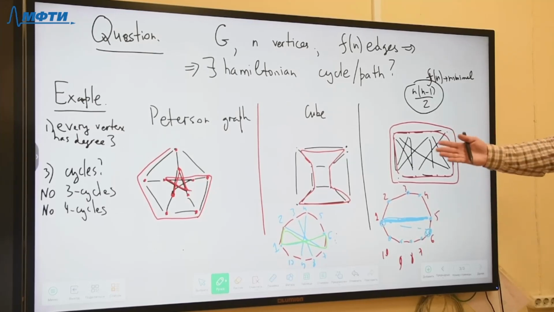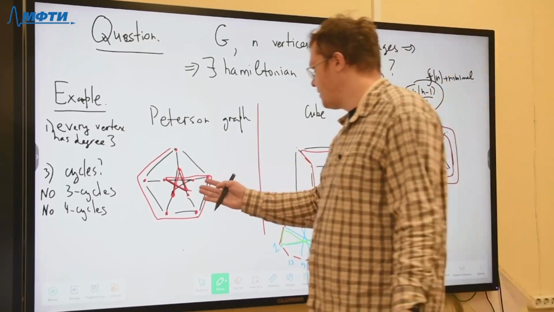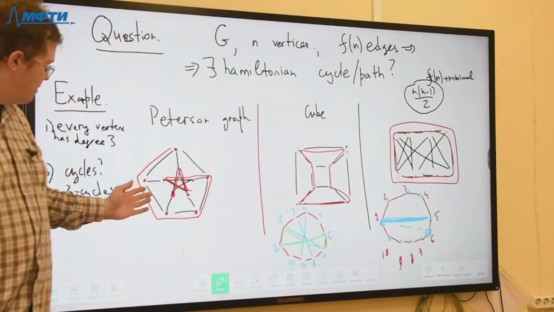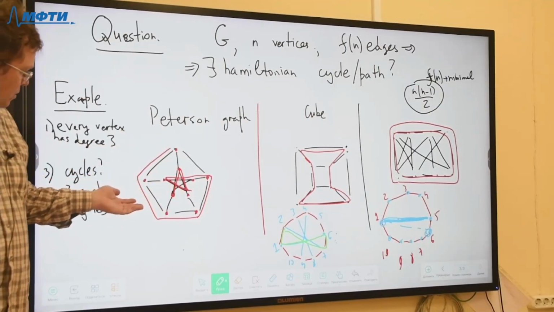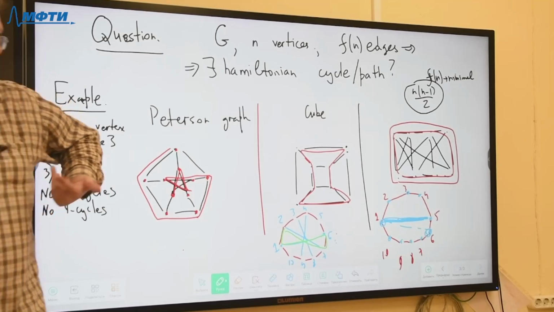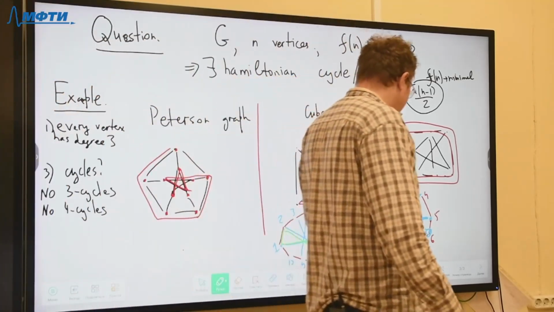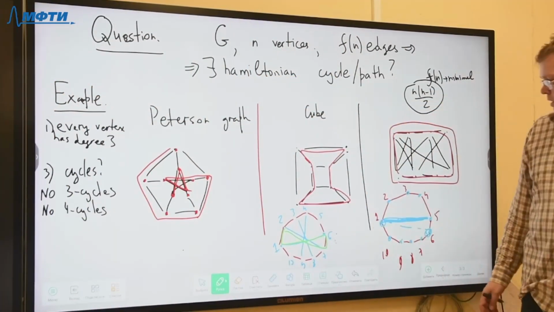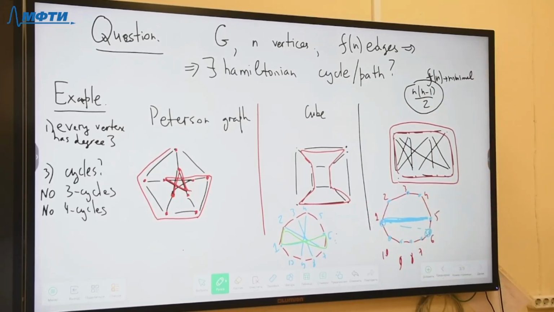So you see that this graph is not very hard. It has only 10 vertices and 15 edges. But to prove that it has no Hamiltonian cycle, we need to consider some cases.